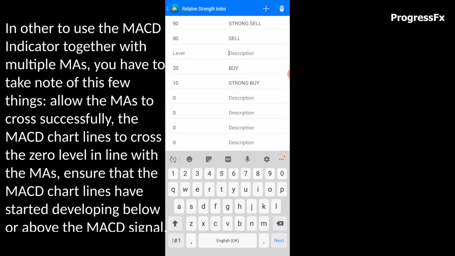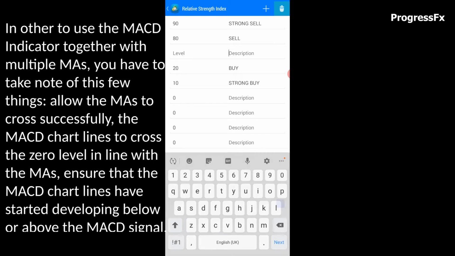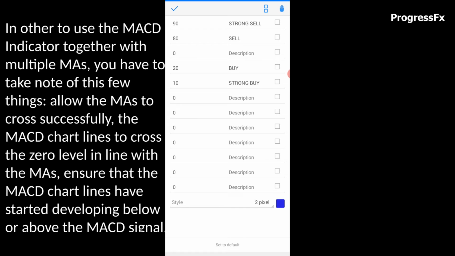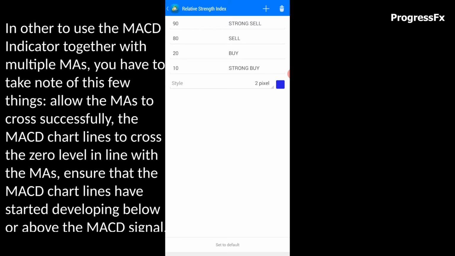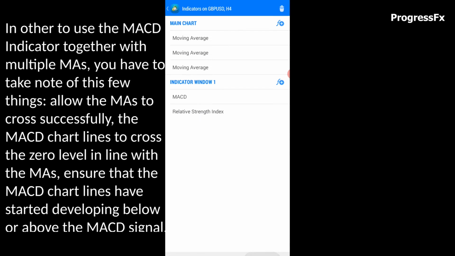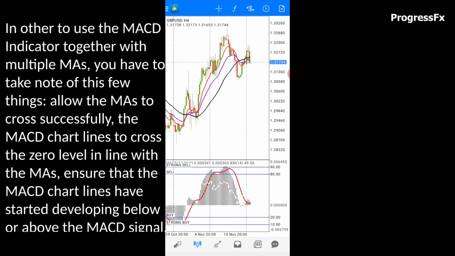Then you type 20 to buy, then 10 to strong buy. This is what you will do. You select delete and remove the ones you are not using. There we go. Then you go back to the chart. So you see how the chart is looking.